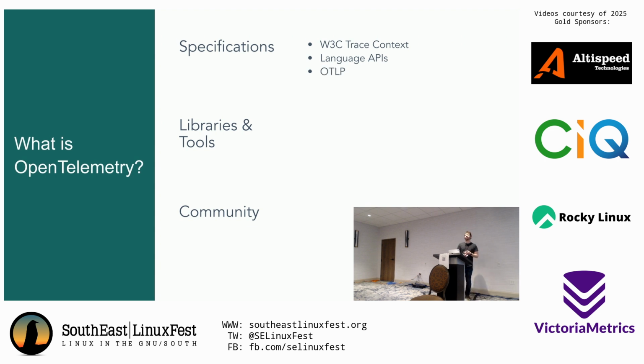Then there's OTLP. This is the wire protocol. This is how all of those three telemetry signals and the future telemetry signals get translated over the wire. To me, this is one of my favorite parts of OpenTelemetry because basically it means you're not locked into these official implementations, right? As long as your tool speaks OTLP, it's going to be compatible with everything else that speaks OTLP. And this is how a lot of the vendors are supporting OpenTelemetry, right?